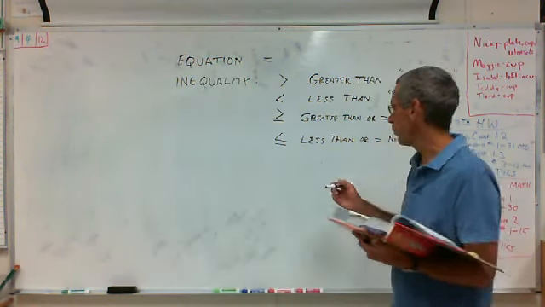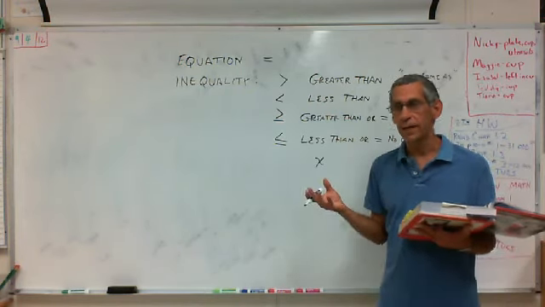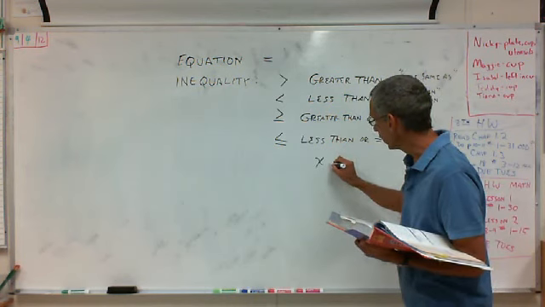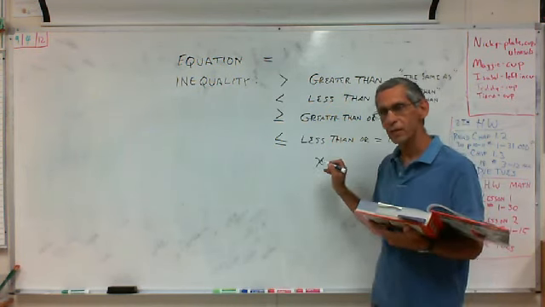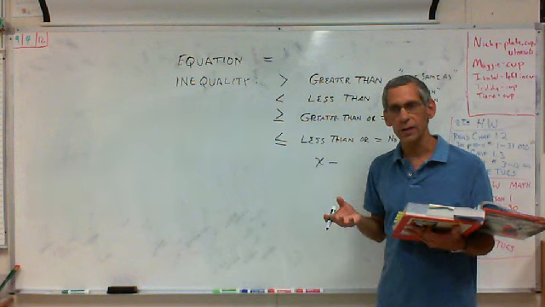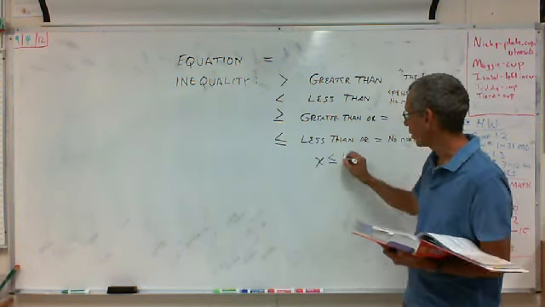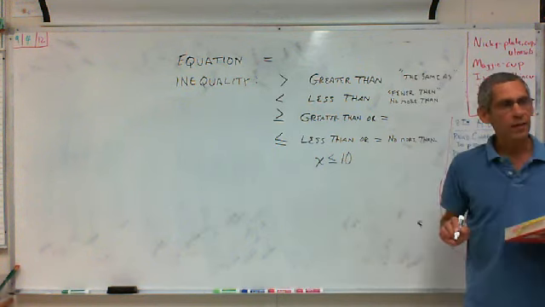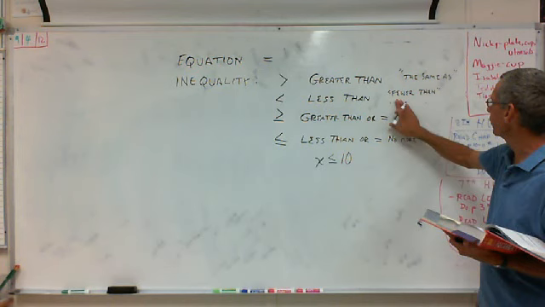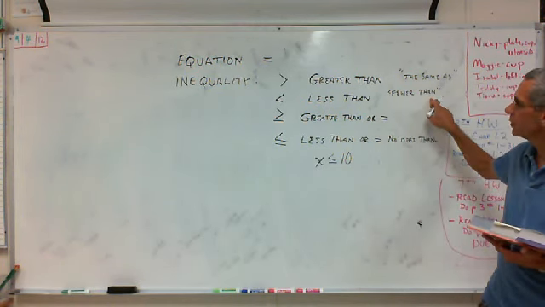The number of apples, x, would have to be no more than 10. Can they be 10? Yeah, they could be 10. So it could be equal to, but it also has to be no more than. So does it have to be bigger than or less than? Less than. So that would be an example of no more than 10 apples. X is no more than 10. I'm going to erase this here because that would include an equal sign. So that would just be fewer than for less than.